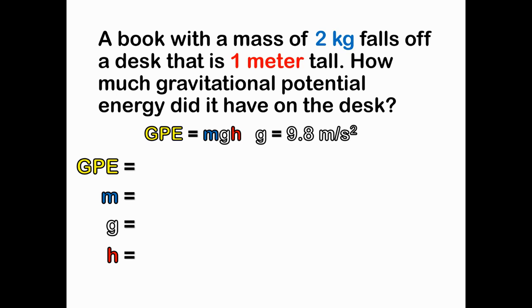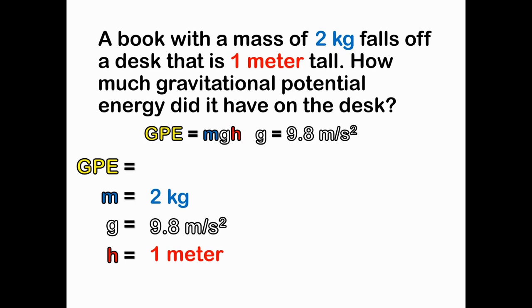Well, it tells us, and it's color coded, and so we're going to use 2 kilograms for the mass. Okay, next, g, what we're going to use for g in that equation? Well, we told you g equals 9.8 meters per second squared because that is the acceleration due to gravity on Earth, right? So we're going to put that in there. And next, what's the height? Well, we said the desk was 1 meter tall, so the book is going to fall 1 meter.